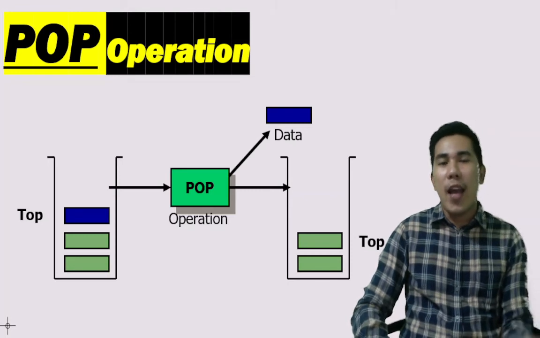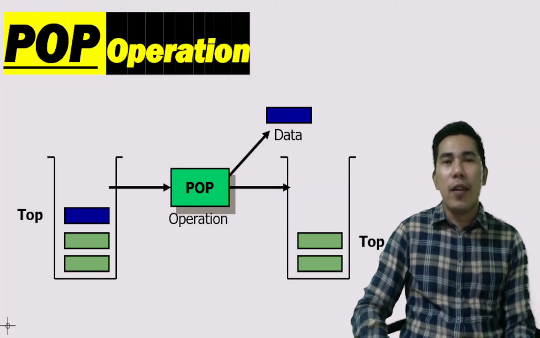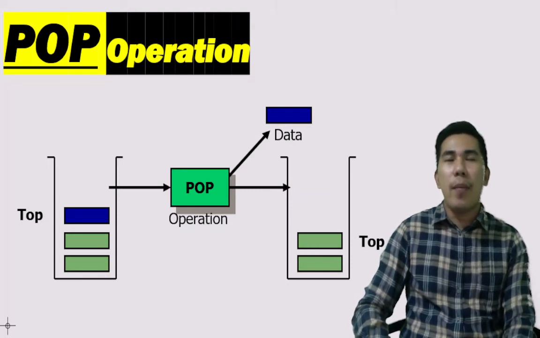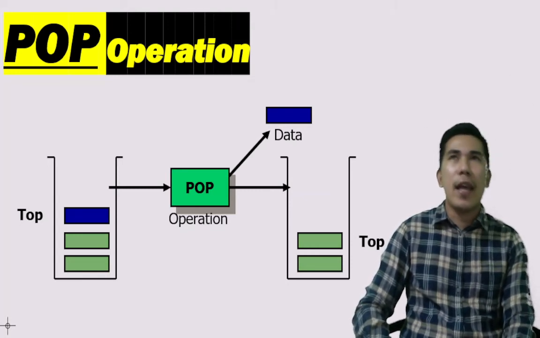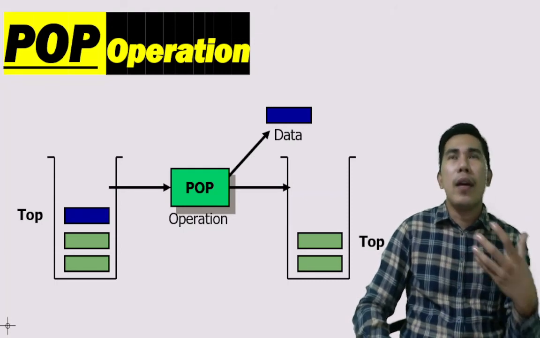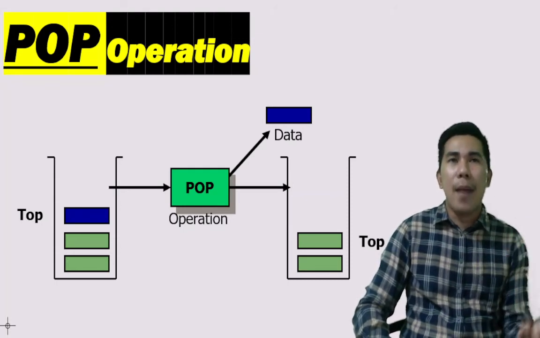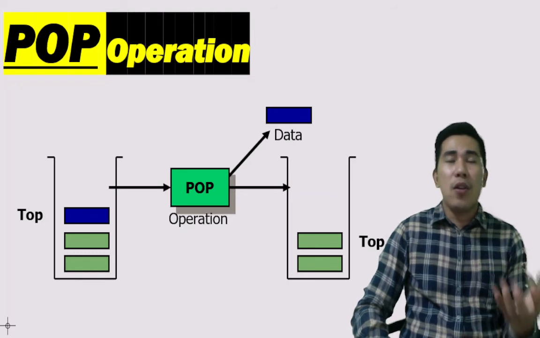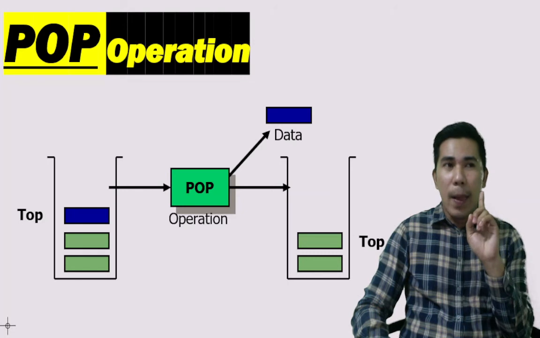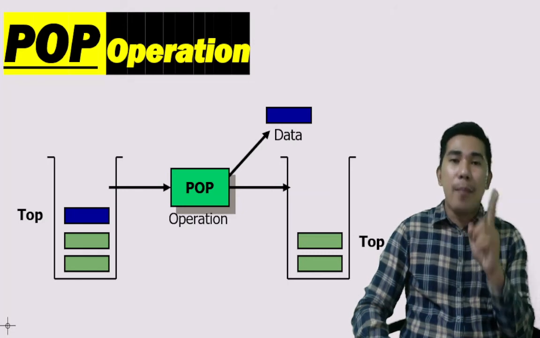Again, I'll be elaborating or giving you more examples on this one. But basically, when we talk about push, it's going to insert data at the top, and it's going to increase the value of the top by one.